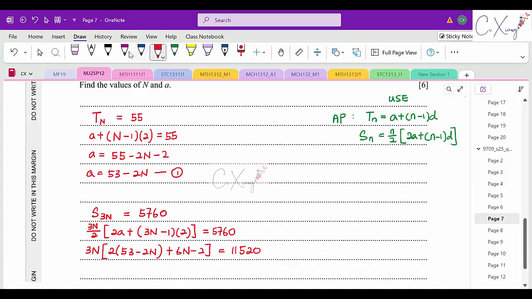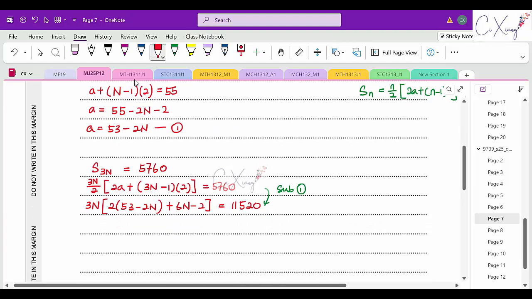Okay, so from this part, from here to here, basically you substitute the first equation into the equation here. Then continue further and simplify your answer. Simplify all the terms inside first. So by right, if you simplify everything inside, you will get 112 plus 2n.